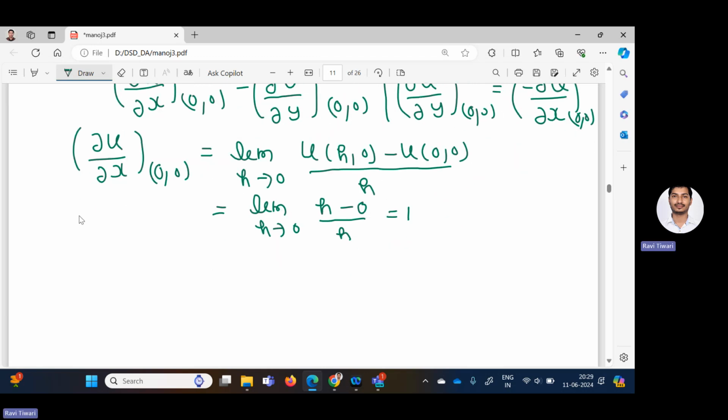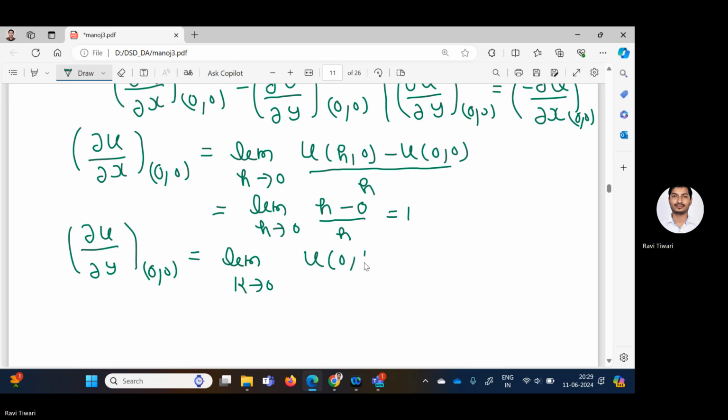Similarly, let me calculate dou u by dou y. What will be dou u by dou y at 0 comma 0? I hope you remember the formula: limit k tends to 0 of u(0,k) minus u(0,0), divided by k. So what will be u(0,k)?